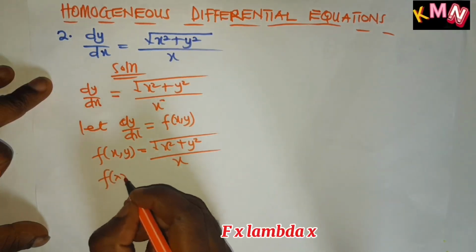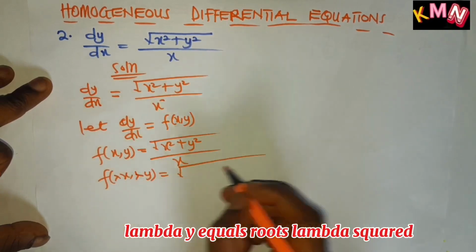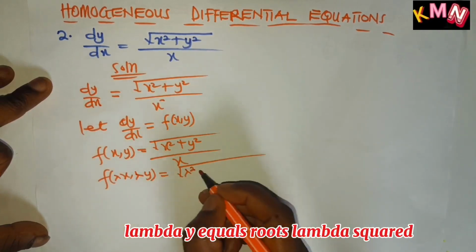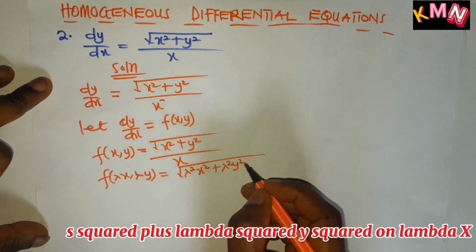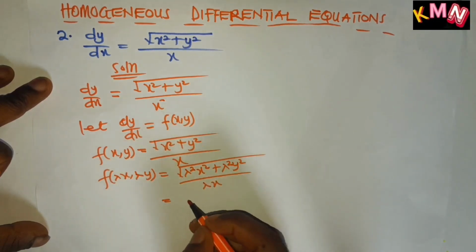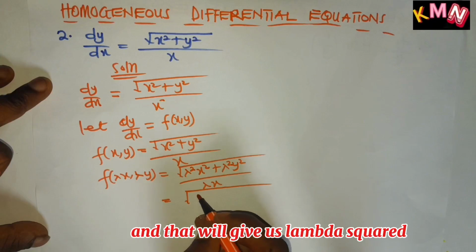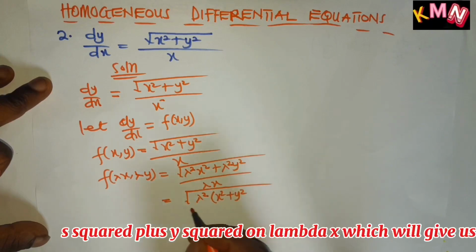F at lambda x, lambda y equals root of lambda squared x squared plus lambda squared y squared on lambda x, and that will give us lambda squared times x squared plus y squared on lambda x.